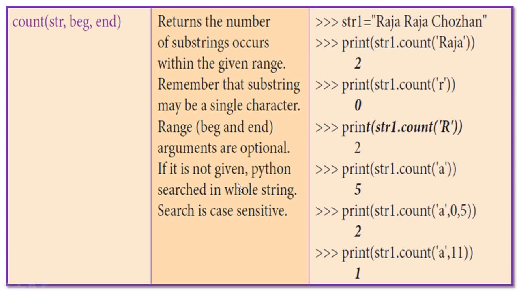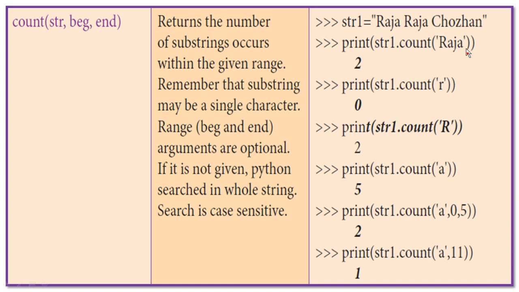If they are not given, Python searches the whole string. Search is case sensitive. Here str1 equal to Rajaraja Cholan. Print str1.count Raja. The substring value is Raja. It is searched in the main string Rajaraja Cholan. It occurs 2 times, so it returns the value 2.